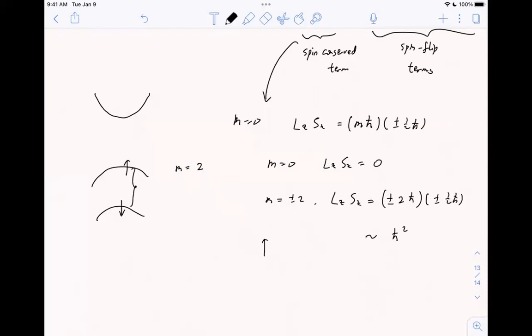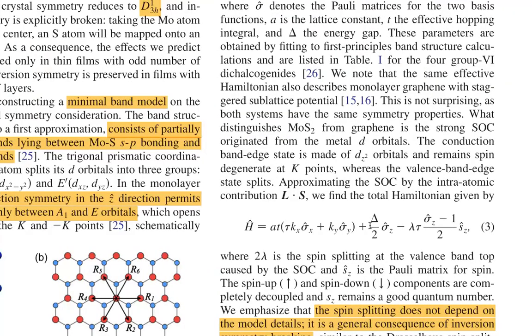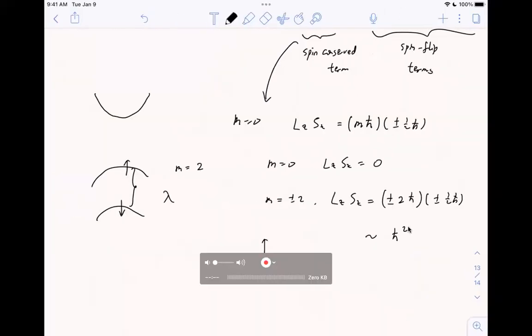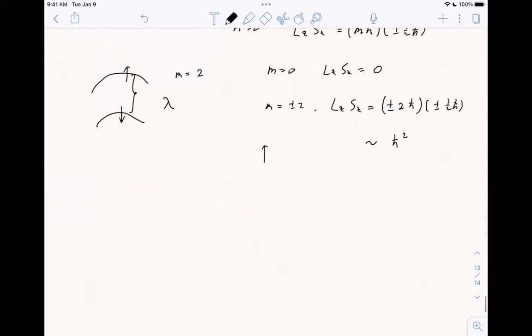This energy we just call lambda. The energy gap equals lambda, just like delta represents the band gap. This lambda is just a phenomenological parameter. So we're going to add this term.